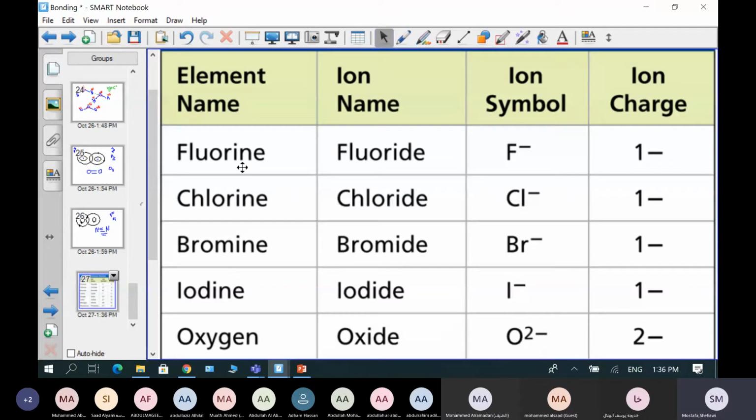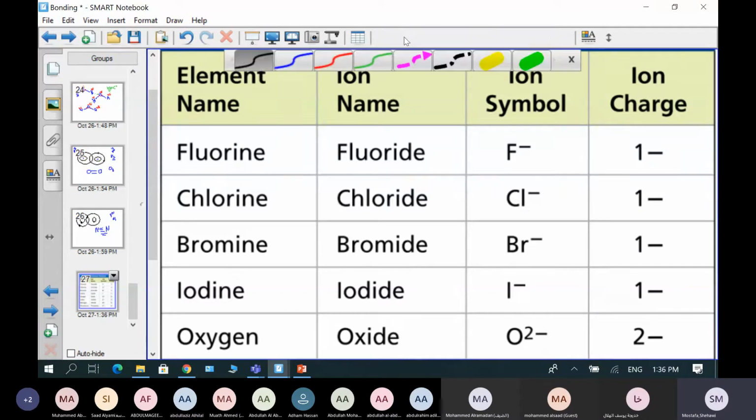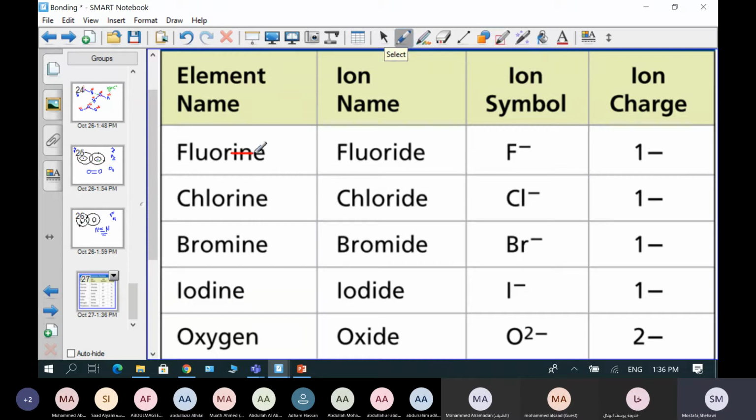That's the table. Fluorine becomes fluoride. We deleted INE and we add IDE. Chlorine, we delete INE and we add the suffix IDE. Bromine, we delete INE and we add the suffix IDE. Iodine, iodide.